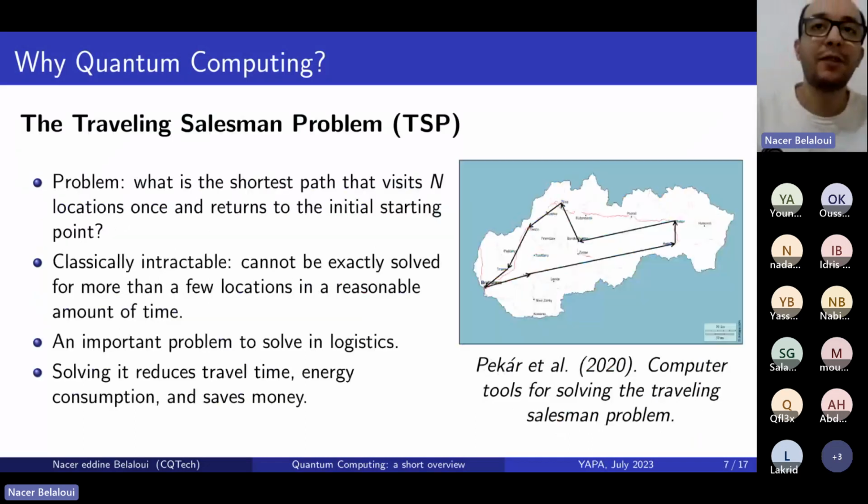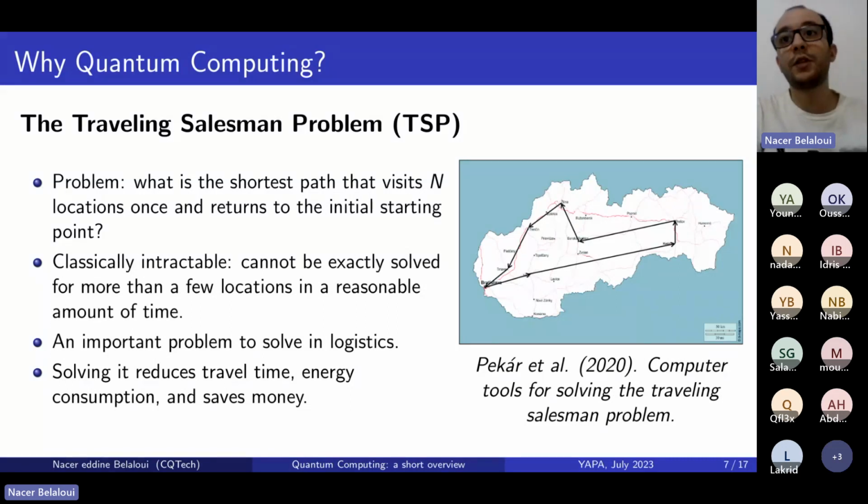Now, a little bit more practical, something that you can relate to. I'm going to two problems that can be solved using quantum computers. The first of which is the traveling salesman problem.